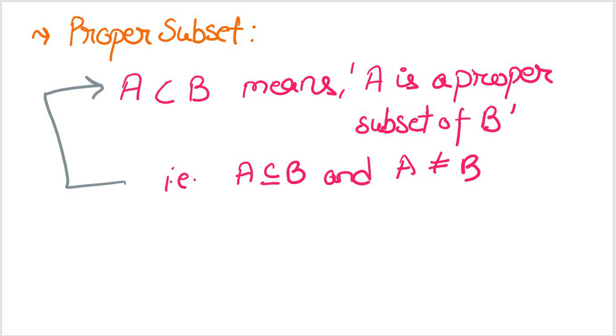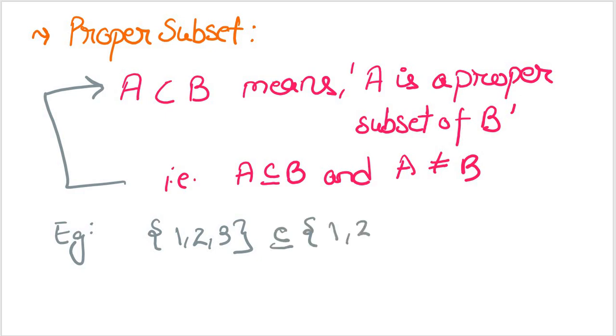We can take some examples. I have 1, 2, 3. This is a subset of 1, 2, 3, 4, 5.